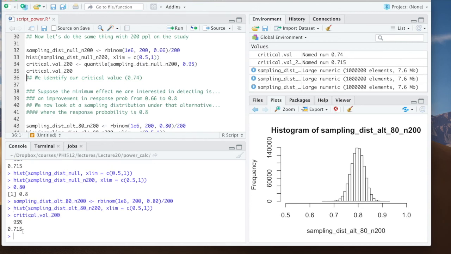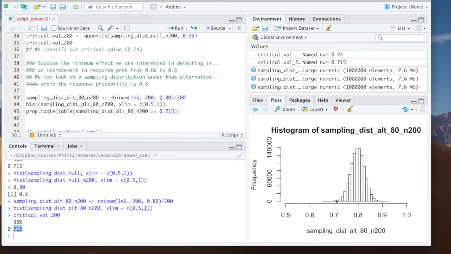I said, okay, in this example where I'm enrolling 200 patients and my null hypothesized response probability is 0.66, I will call any trial where more than 71.5% of people respond significant. So I go down here and I say, okay, in what proportion of these trials under the alternative am I going to observe more than 71.5% of people responding?